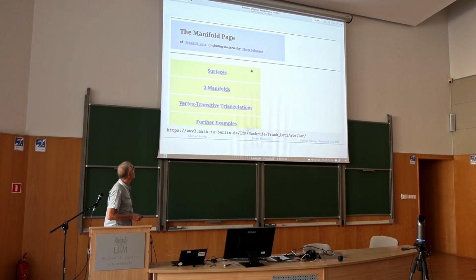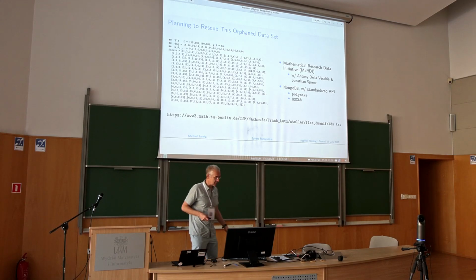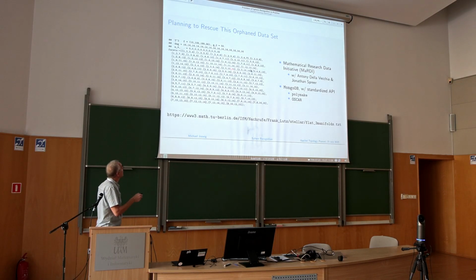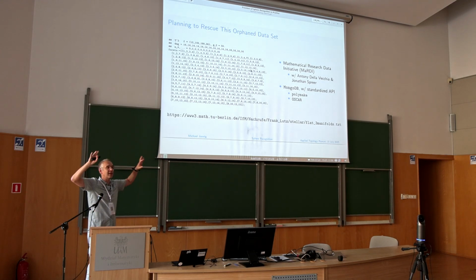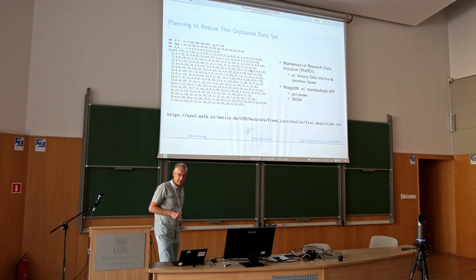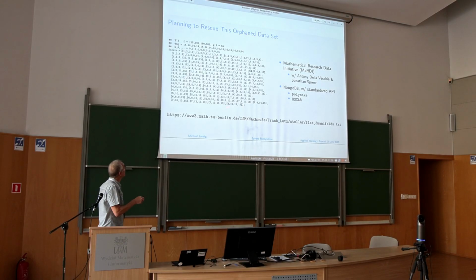And one of the things that we plan to do is rescue this now orphan data set. To give you an idea of what we are looking at, this is a typical entry. The actual data is in text files. Frank used GAP a lot, and also polymake, and these are ways to describe simplicial complexes. This particular one comes from this collection of flat 3-manifolds.